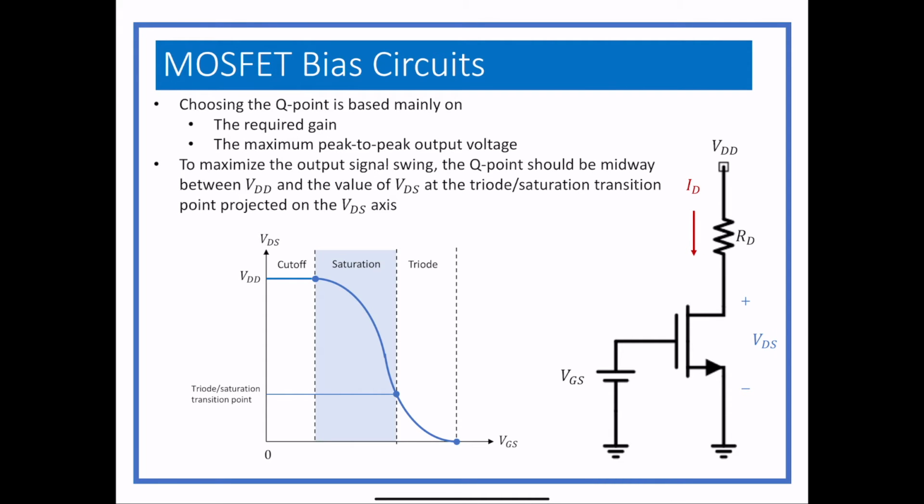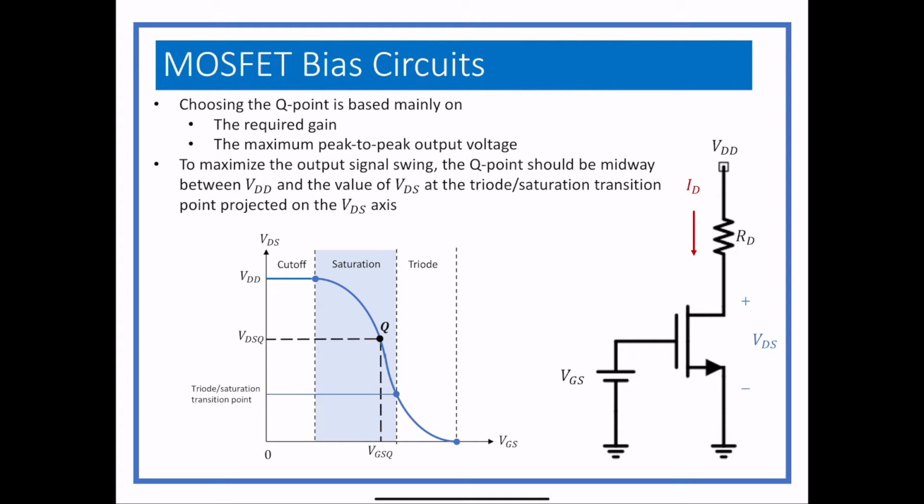And if we want to make the output swing as big as possible, we choose the Q point between VDD and the value of VDS that's right at the transition point. We go right in the middle there. And it doesn't look like it's in the middle, it really kind of is.